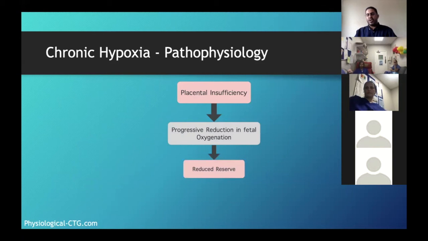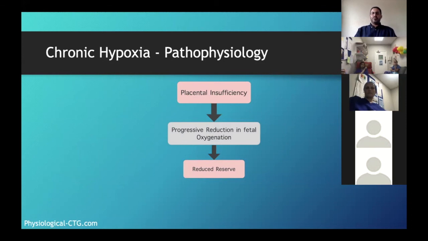The spectrum of chronic hypoxia, though, is quite wide, and the first step is reduced reserve. Reduced reserve means that this baby is functioning perfectly fine. She's not complaining of any reduced fetal movements. This baby is perfectly happy. This baby has a normal CTG until there is some sort of stress. That's the time when the reserve actually is tested.